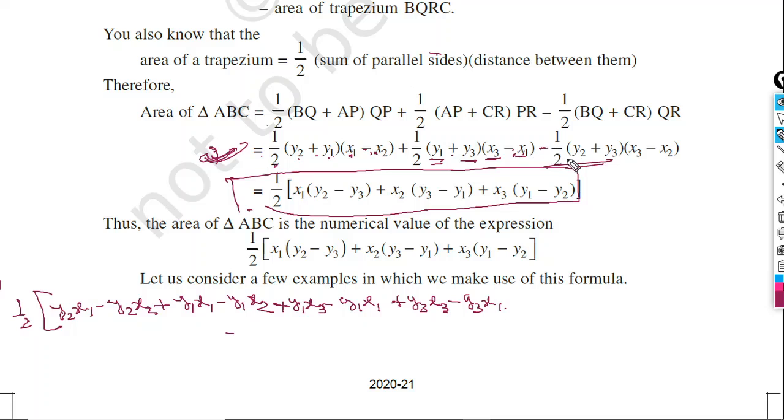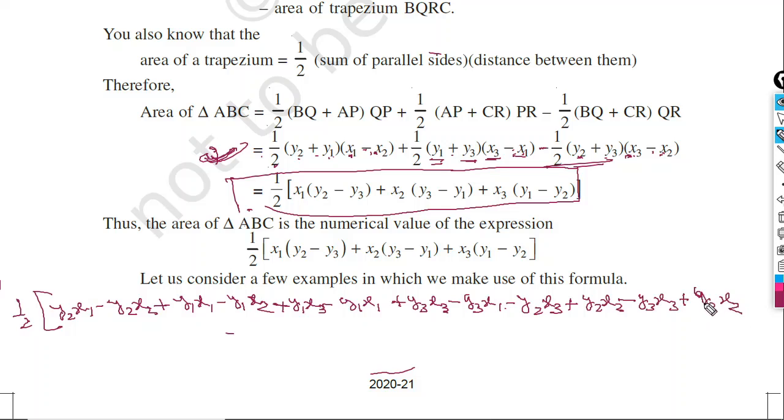Minus is here, so minus y3 into x3, so minus y3 x3 plus y3 x2, again minus y3 x3, then plus y3 x2. Let's write it: minus y2 x3 plus y2 x2, then minus y3 x3 plus y3 x2.